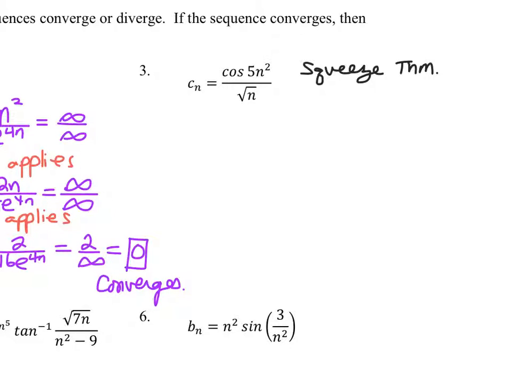And you're like, well, if I could do that, this would be a whole lot easier. Well, trig functions are a lot easier to handle when it comes to the squeeze theorem, because sine and cosine functions always exist, regardless of what is contained within the function. They always exist between 2 values.